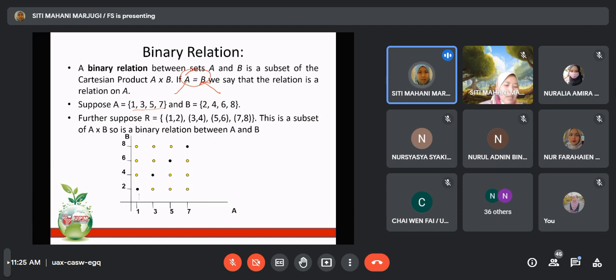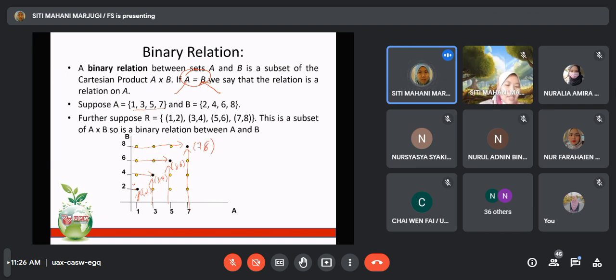the dot is from the element A, and then the dot is from element B. So the black dot is where A equals B. So we can say this is 1, 2, 3, 4, 5, 6, and 7, 8.